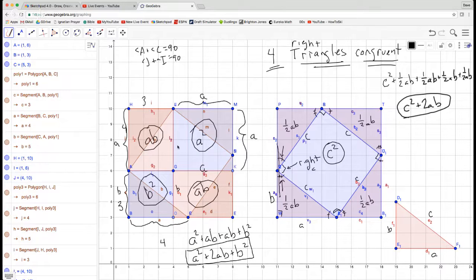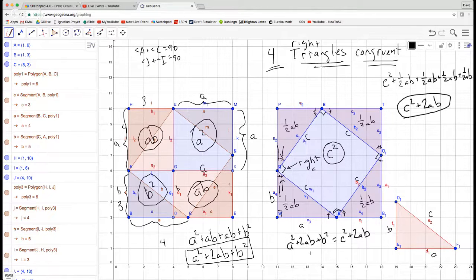Well, if I cut a pie or a square or a field one way and add up all its parts and I get a certain size, and if I cut it another way and add it up and get another size, then it must be the case that these two things are equal. So A squared plus 2AB plus B squared equals C squared plus 2AB.